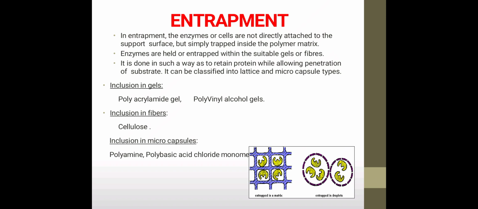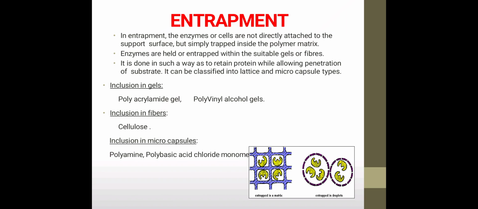So in this method, we are using two components. One is the gel and another one is the fiber. If it is done in such a way as to retain the protein while allowing penetration of substrate, it can be classified into lattice and microcapsule types. And now we will see how this can be entrapped in gels and fibers, with examples.